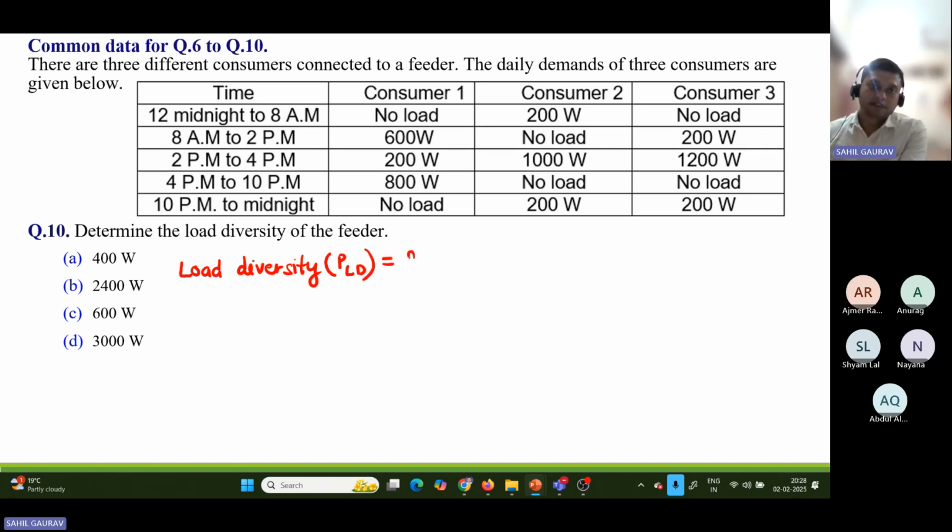Load diversity is the sum of individual peak demand minus group peak demand.